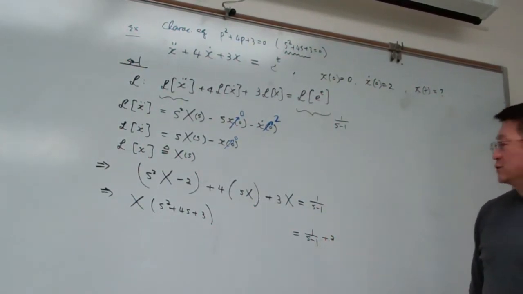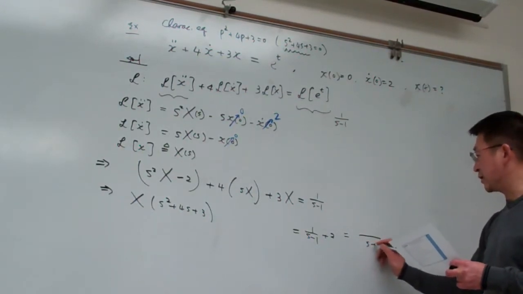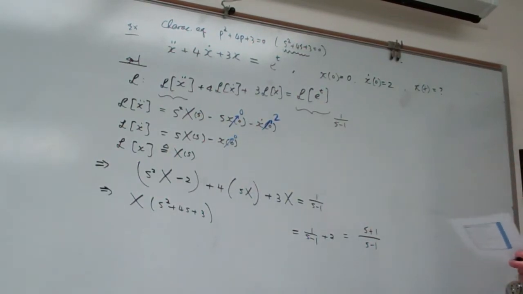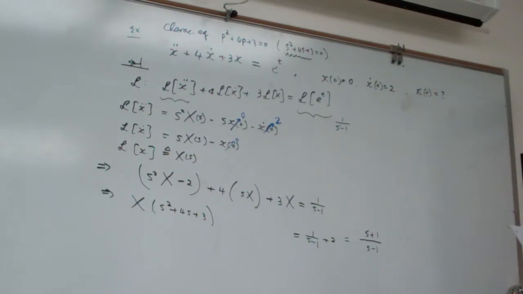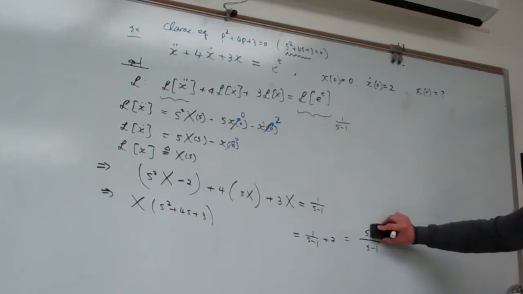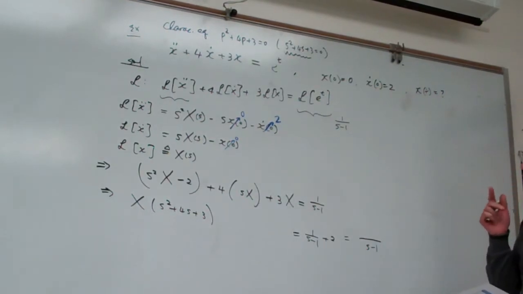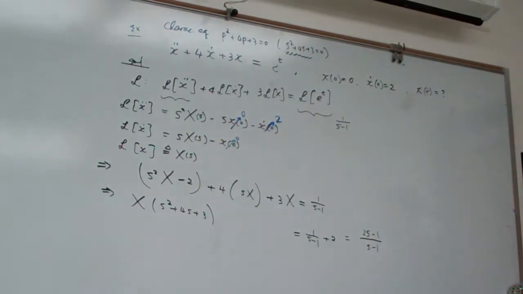Anyhow, once we have this one, we can further derive it, and that becomes s minus 1 and s plus 1 here. Would that be good? No, 2s minus 1. Yeah.